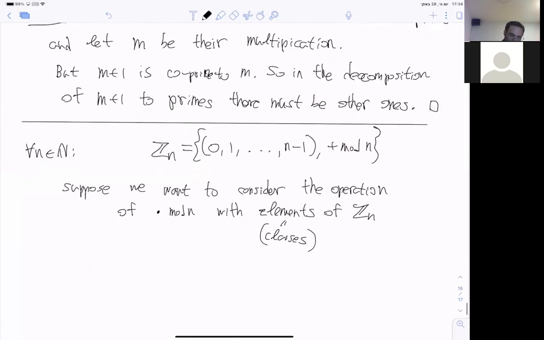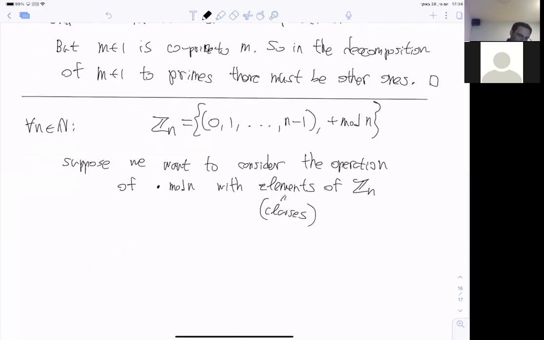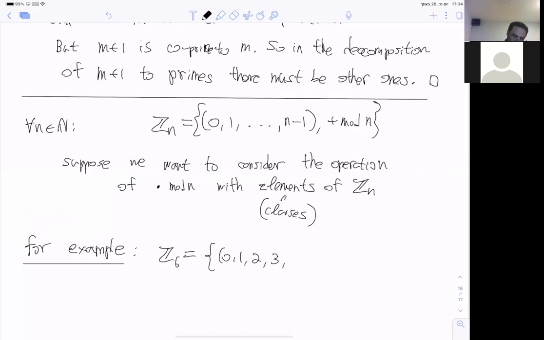For example, Z6 is 0, 1, 2, 3, 4, 5. It should have been like this.